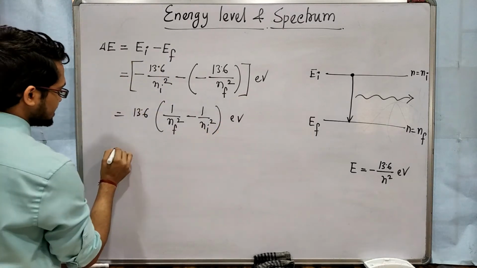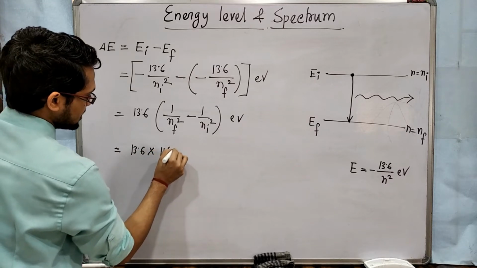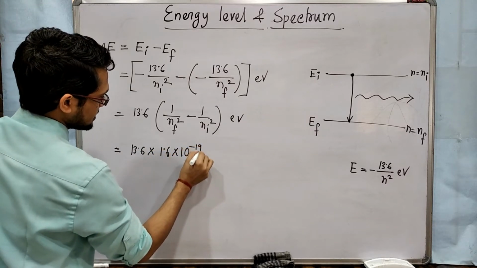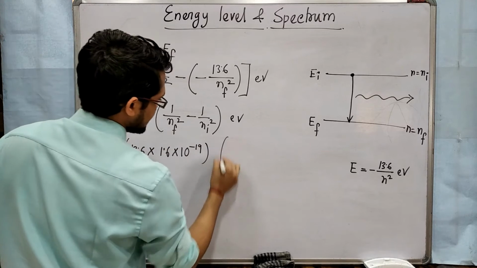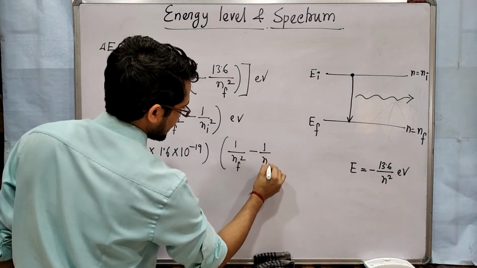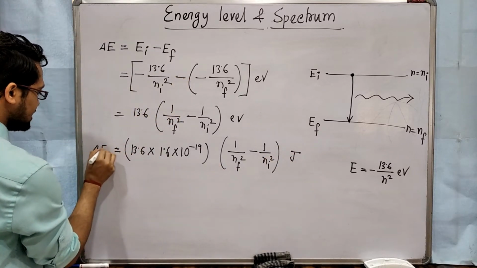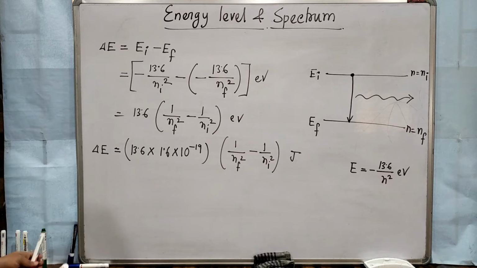Now I am converting this electron volt into joule. So 13.6 into the charge of the electron, 1.6 into 10 to the power minus 19, into 1 by Nf square minus 1 by Ni square, that amount of joule. This is delta E, the energy difference.